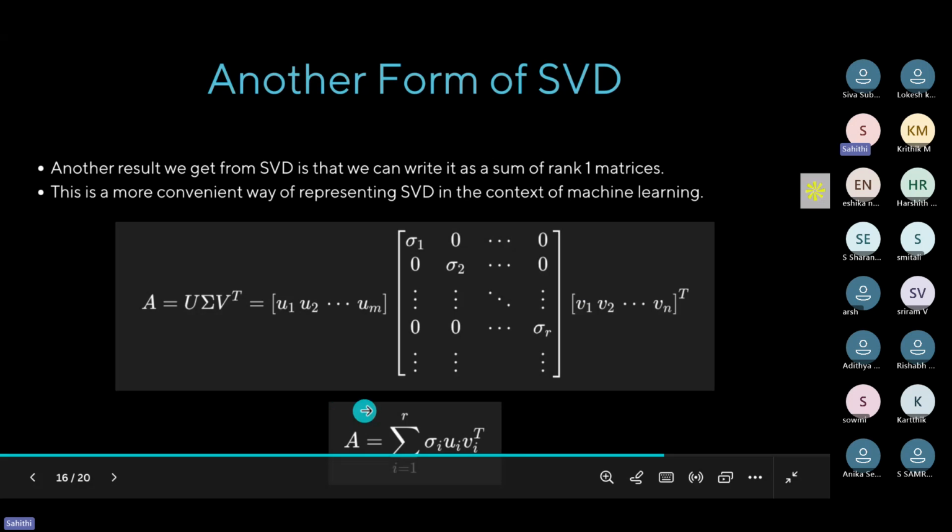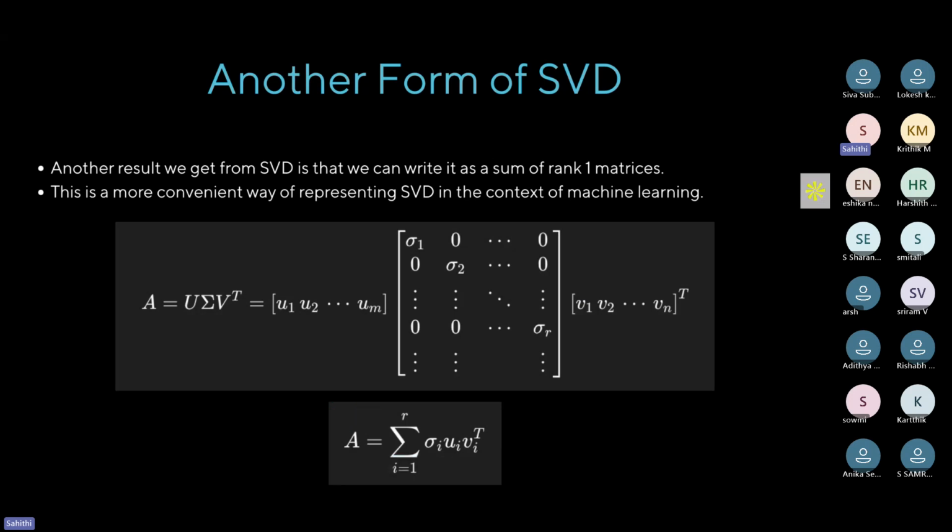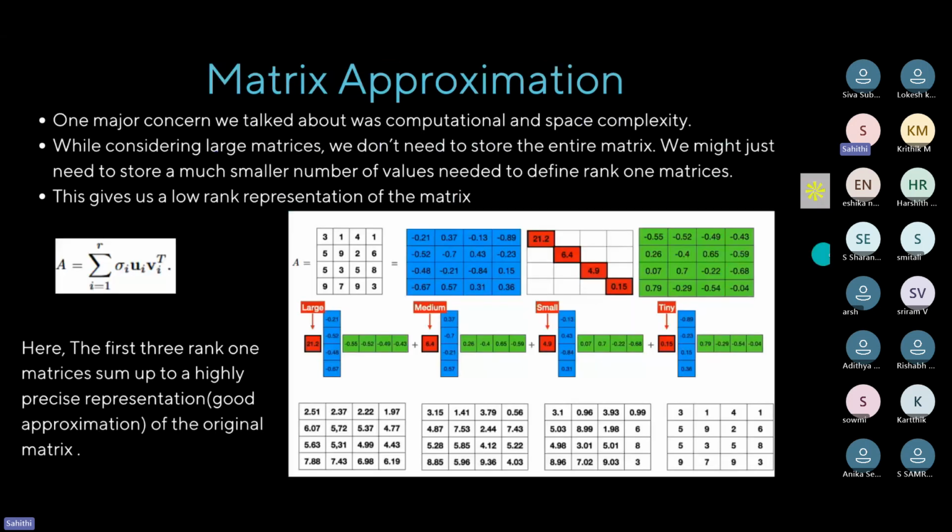So basically, what's being said over here is any matrix A can be written as the sum of R rank 1 matrices, where R is the number of non-zero diagonal elements in the singular value matrix. So why would we care about this?